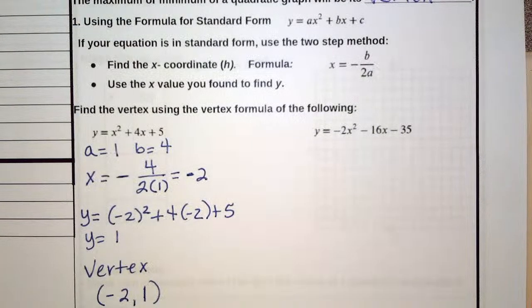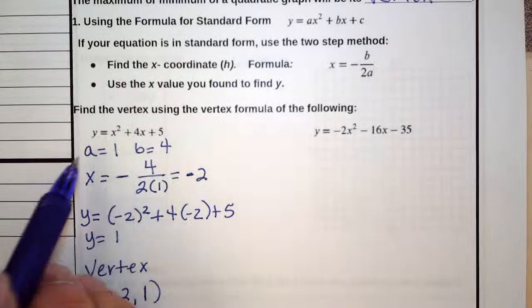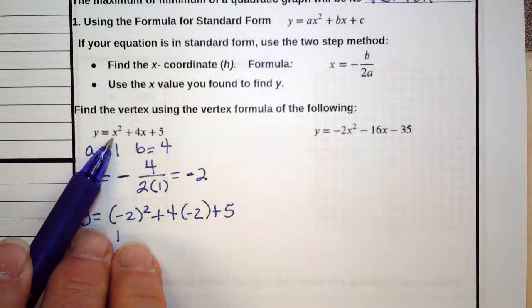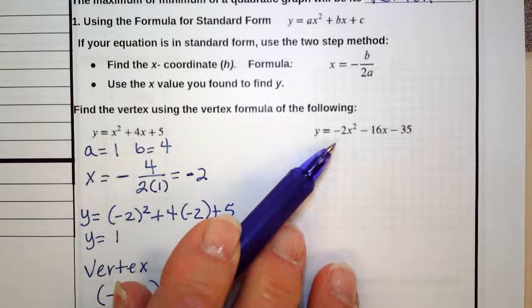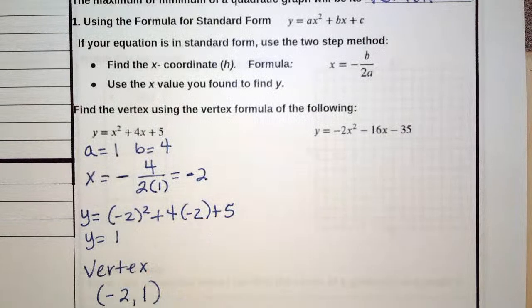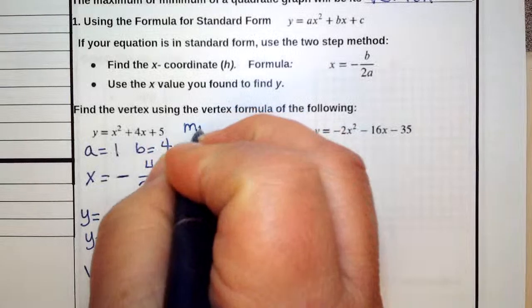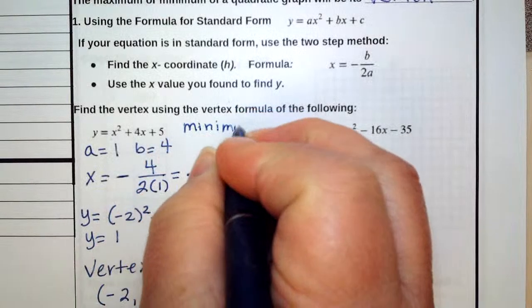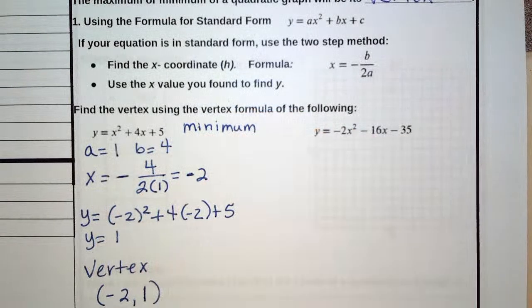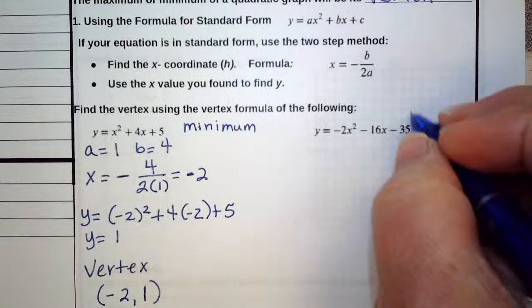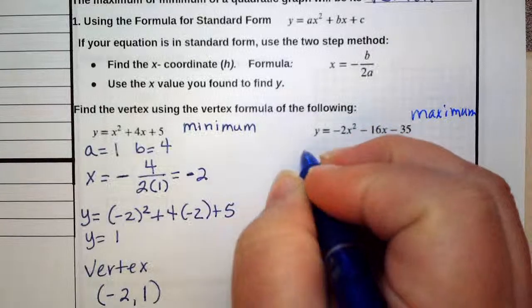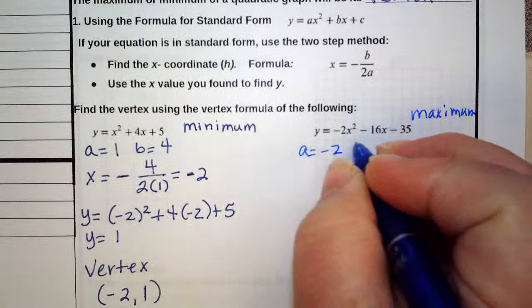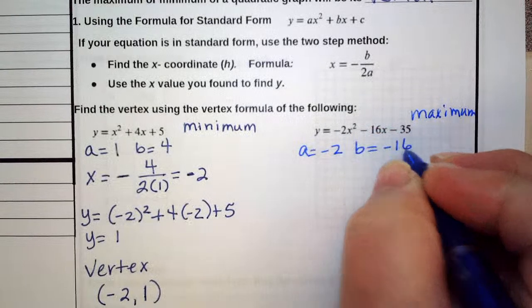Okay, can you find a and b? If you notice, my coefficient here was positive and it opened up. This one is negative, so this will be a maximum. A is equal to negative 2, b is equal to negative 16.